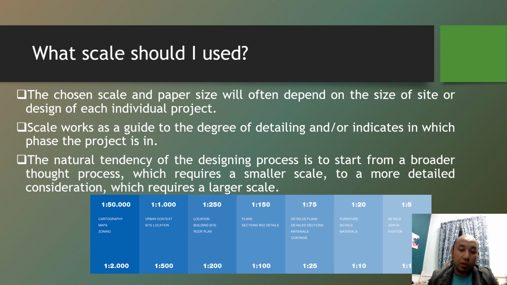Okay, when we see the pictures, the ratio 1:15,000 is more for cartography, maps and zoning function here.